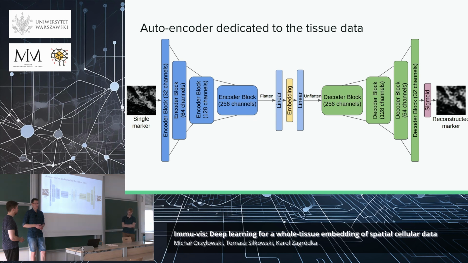Inside the encoder and decoder blocks, we use pretty standard layers. We use convolution followed by activation. For normalization, we use group norm, and also max pool for downsampling, and simple nearest neighbor interpolation for upsampling. But it worked. And the encoder taken from this architecture after training on the tissue data was put into this pipeline as the first part of the pipeline that you have seen in one of the previous slides.